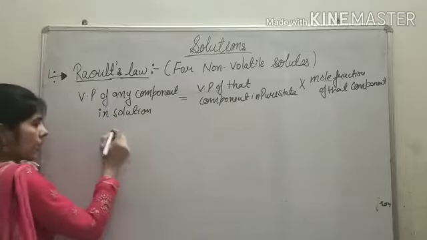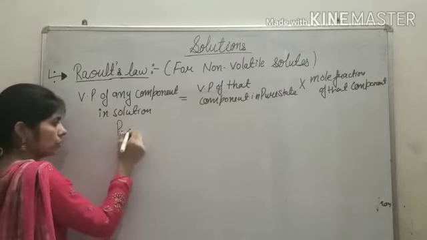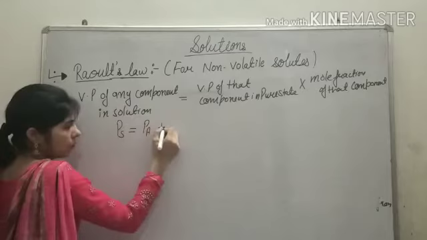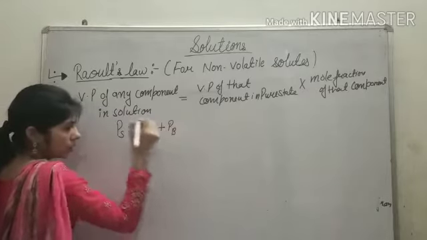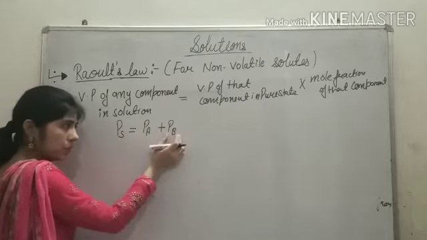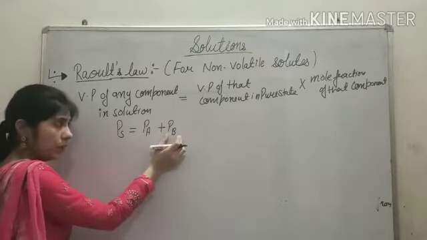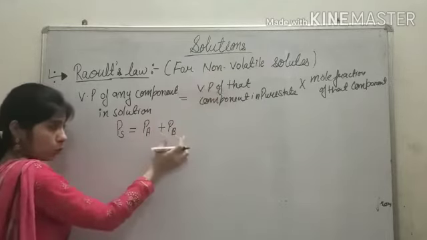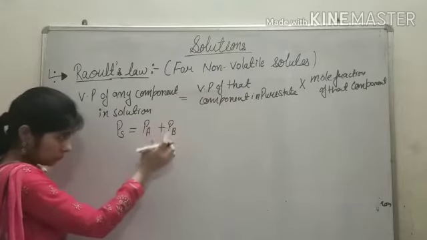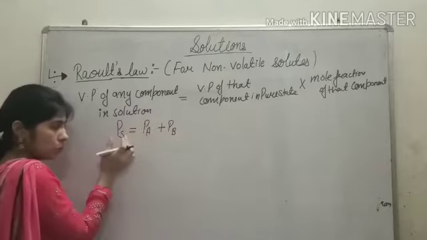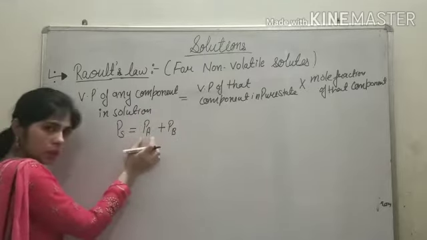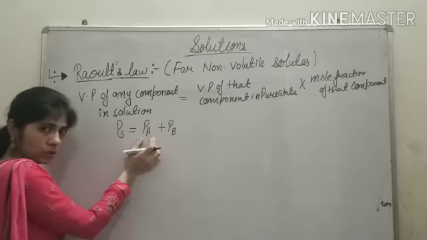The vapor pressure of the solution is equal to the sum of the vapor pressure of component A and component B, and component B is non-volatile, so it will not contribute towards the total vapor pressure. So the vapor pressure of the solution will be equal to the vapor pressure of the solvent.